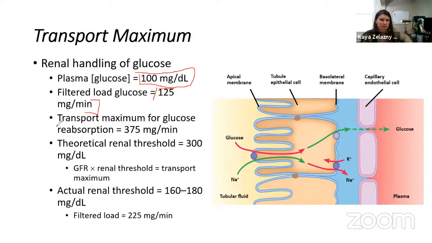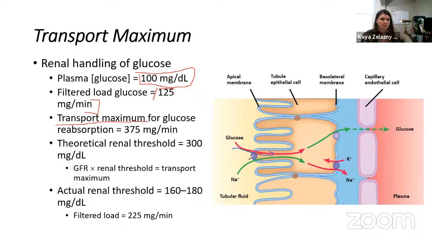Now, our theoretical transport maximum, so if we were using every single, I'll pick a blue because they're red, okay, every single transporter here. All right, so here, just highlighting, we see our secondary active transport happening at the apical membrane. And here we see where our facilitated diffusion is happening on the basolateral membrane.